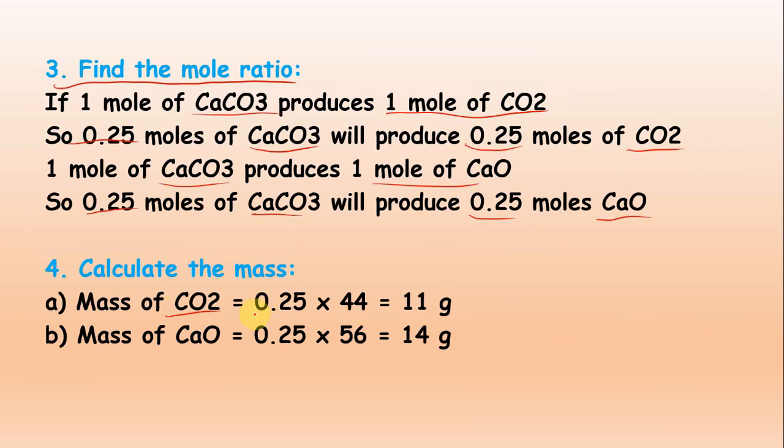The number of moles of CO2 is 0.25 and the molecular mass of CO2 is 44. The answer will be 11 grams. The mass of calcium oxide will be the number of moles, 0.25, multiplied by the formula mass, that is 56. So the answer will be 14 grams.